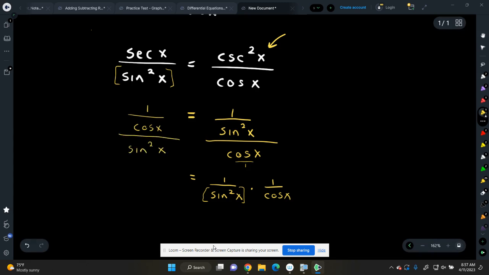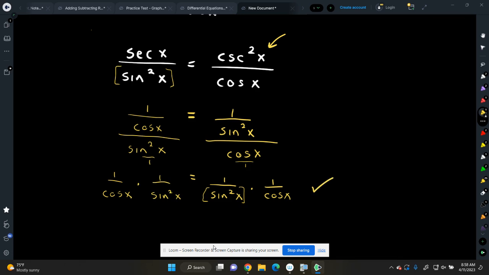So this is over 1, which means I'm going to have 1 over cosine x times 1 over sine squared, and now I've got the same thing on both sides. So check mark, we proved that they're equal.